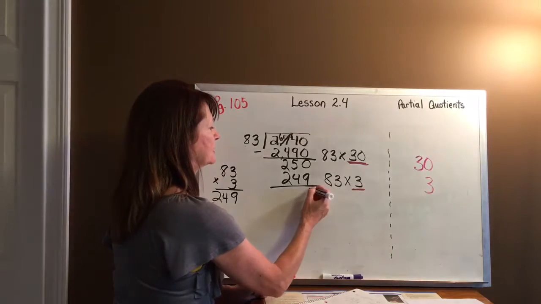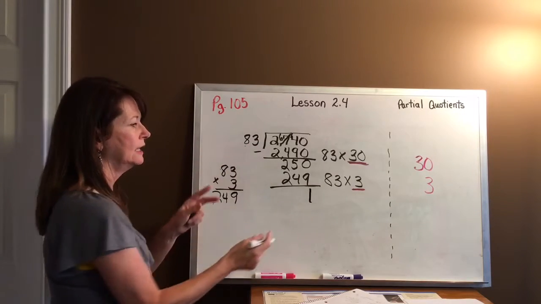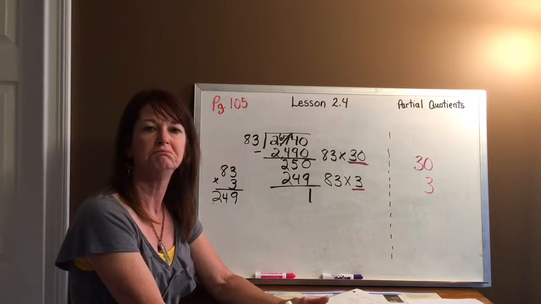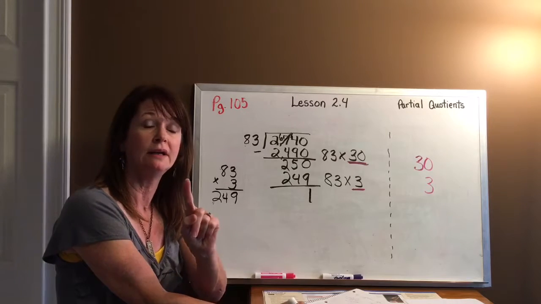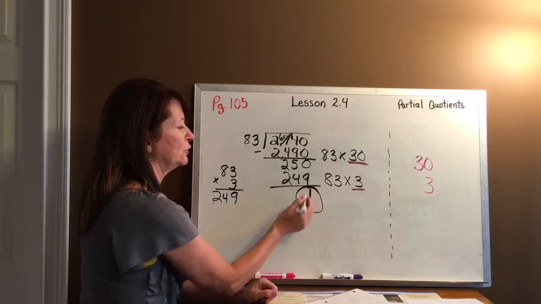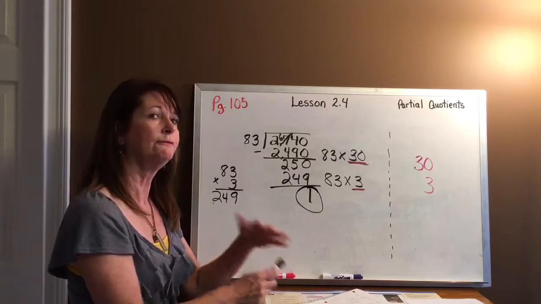So I don't have to do any scratching around or anything else. Now, can I take 83 and do anything with it that would give me a 1? 83 times 1? 83 times 2? Is anything going to help me get a 1? No. Guess what? In our last problem, we didn't have a remainder. In this one, we do. That's our remainder.